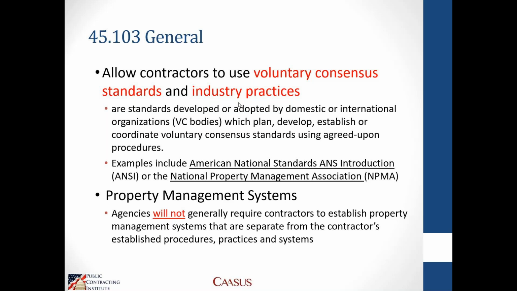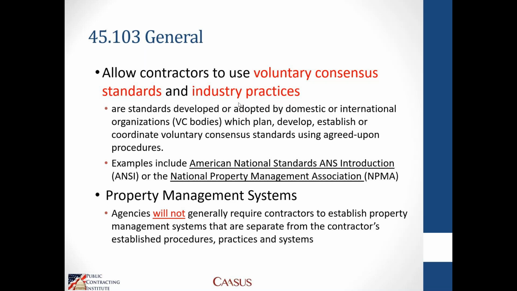And so the government agencies will not require a contractor to create a separate property management system that's different than the property management system you might already have in your possession. If you are a manufacturer, the idea of inventory and asset management, you're not going to be a stranger to that.